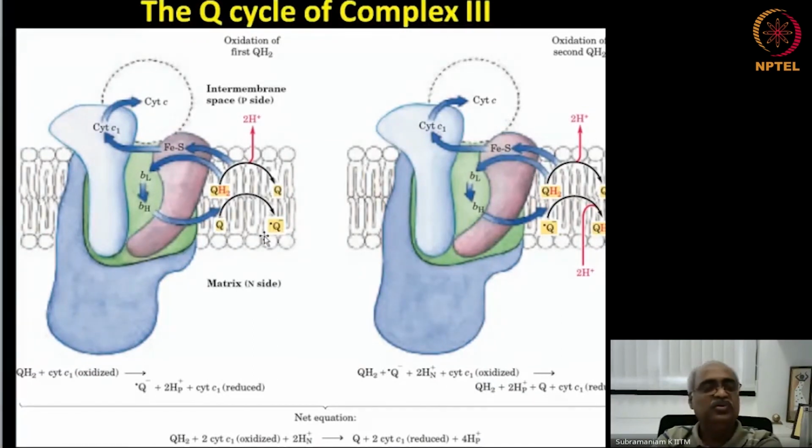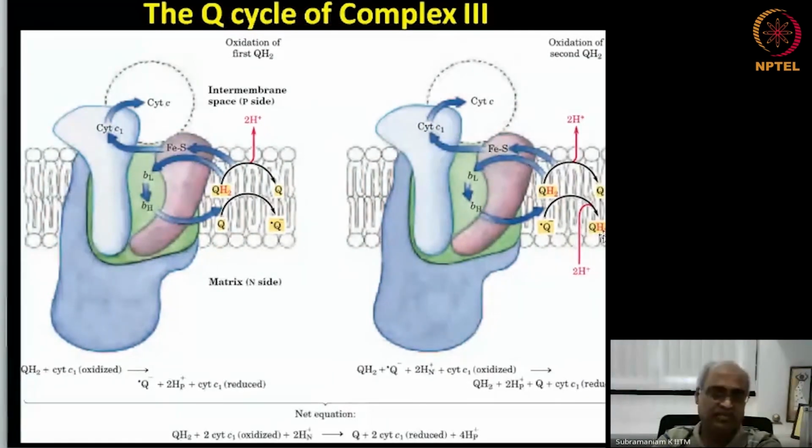And when you oxidize another fully reduced ubiquinol, one electron goes to cytochrome C just like the first one, and the other electron goes to reducing the semiquinone free radical to the fully reduced ubiquinol. So this is the ultimate summary of the reaction, but these are the individual steps. This is how the coupling happens between 2 electron donors and 1 electron acceptor.